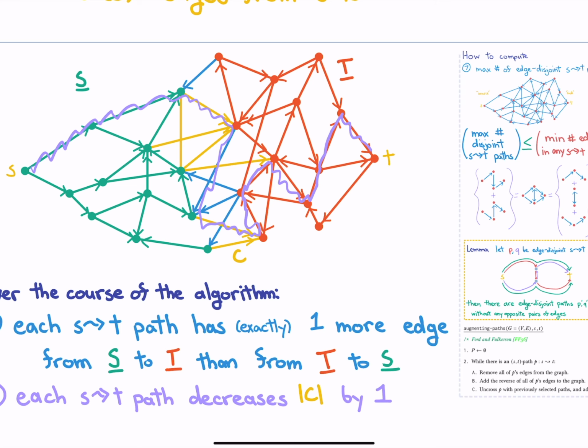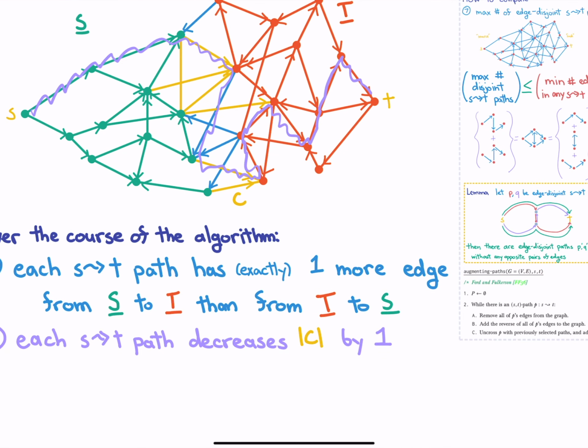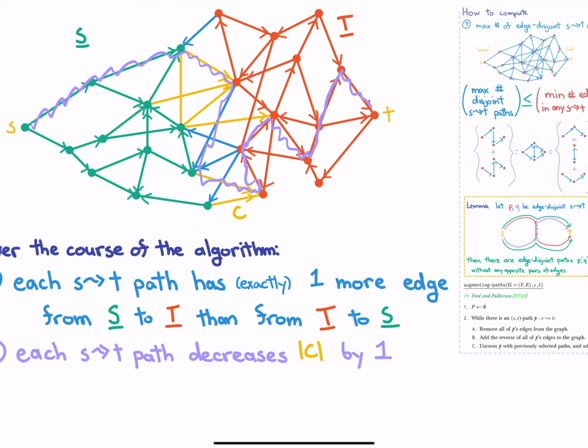Okay. Now at the end of the algorithm, how many edges are left in C? Yeah, it decreases by the number of paths. And remember, how did we choose C?